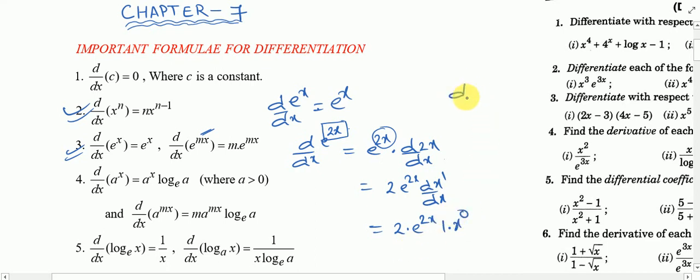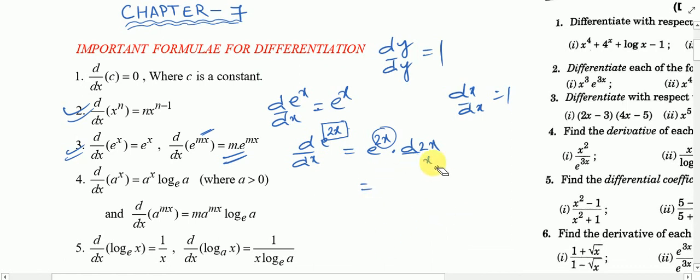So always remember that this will be equal to 1. If I am writing differentiation of x divided upon x, it will be 1. So you will get 2 times e to the power 2x. So this is what I have written over here. So third one is also clear to you.